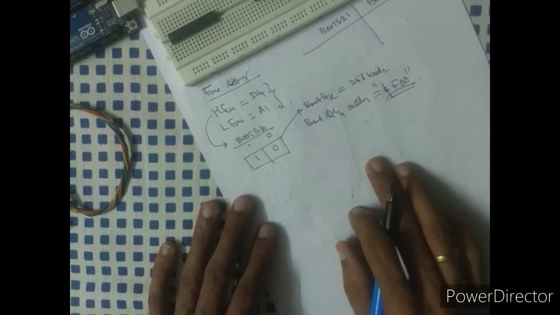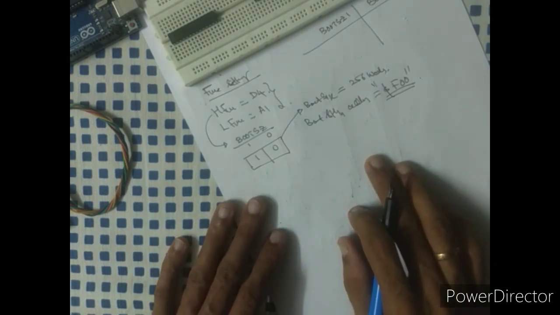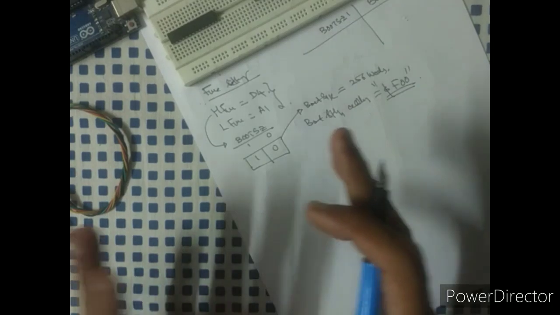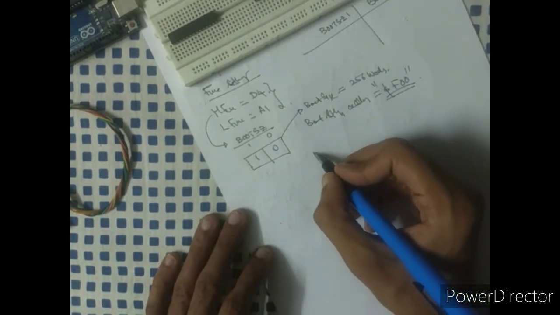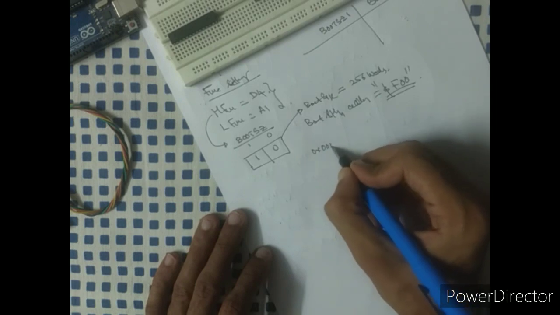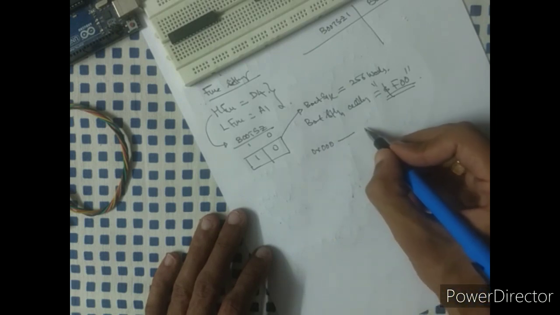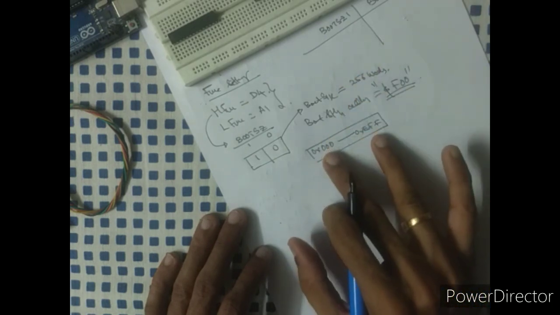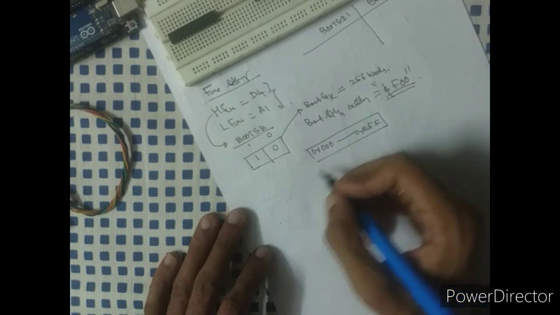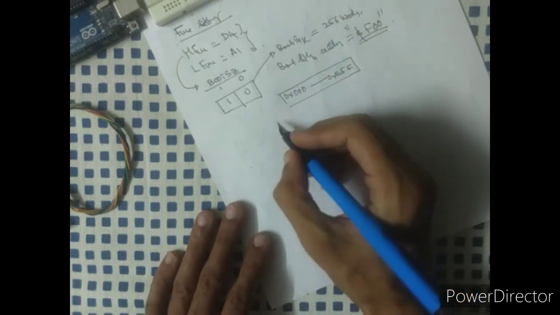The application program will be starting from 00 to FEFF. So this is the application program size, and the boot section, we can represent pictorially like this.